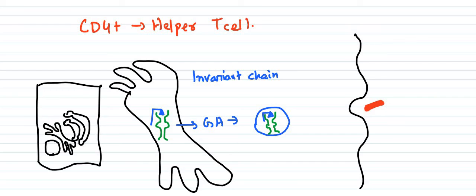Whenever it gets inside, the phagocytic cell engulfs it, and it will form something called a phagosome, and it will fuse with something called the lysosome.